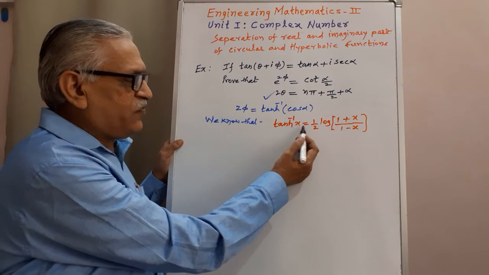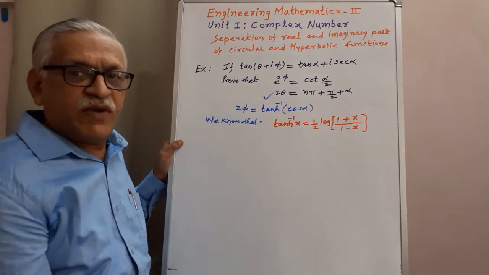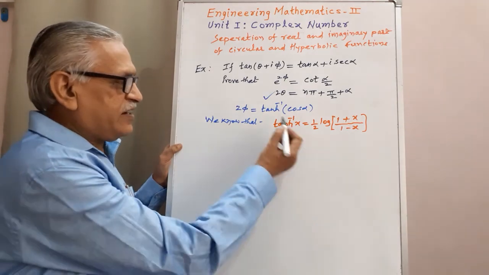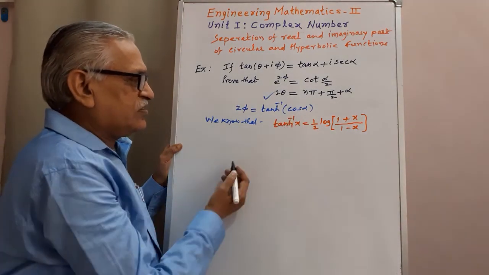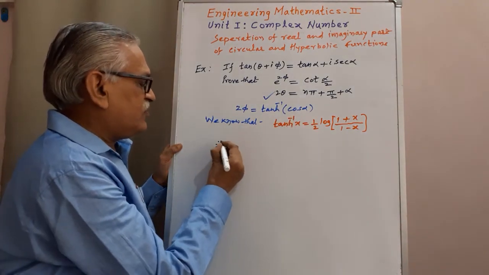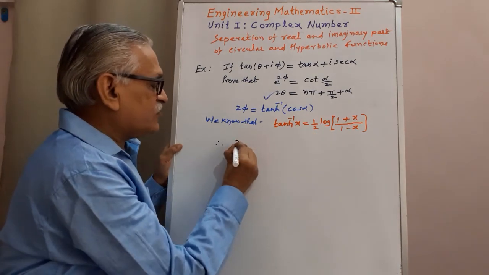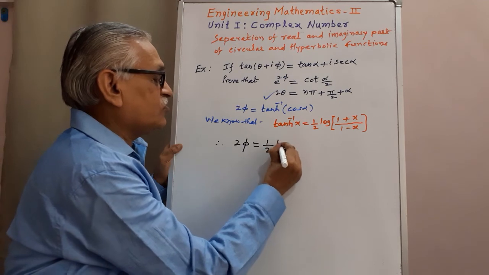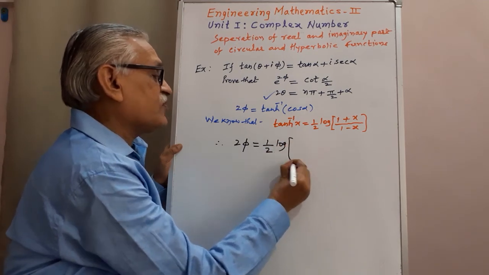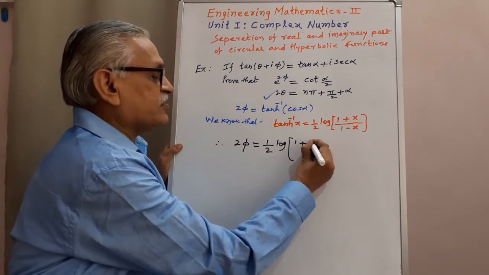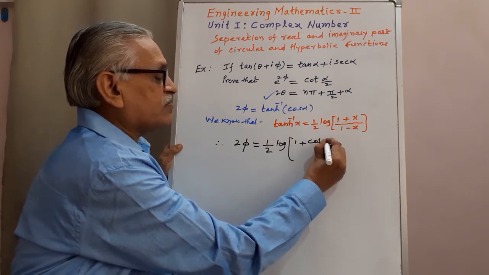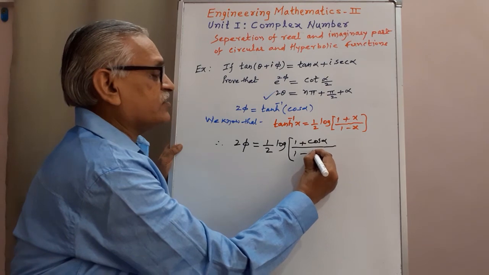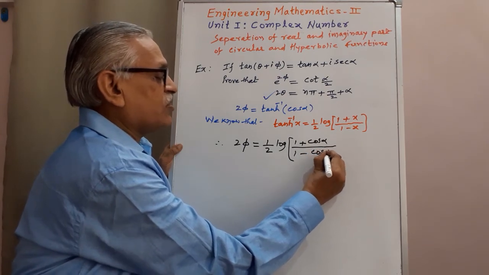Tan h inverse of x is equal to 1 by 2 log of (1 plus x) upon (1 minus x), and here x is cos alpha, and therefore applying this result we get 2 phi is equal to 1 by 2 log of 1 plus cos alpha divided by 1 minus cos alpha.